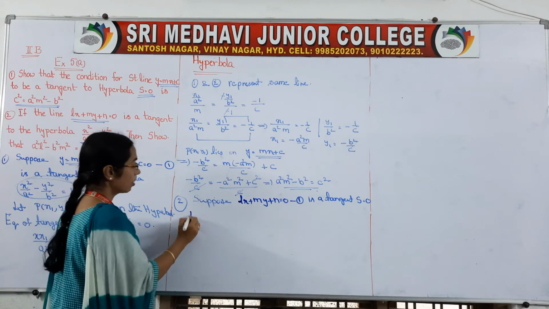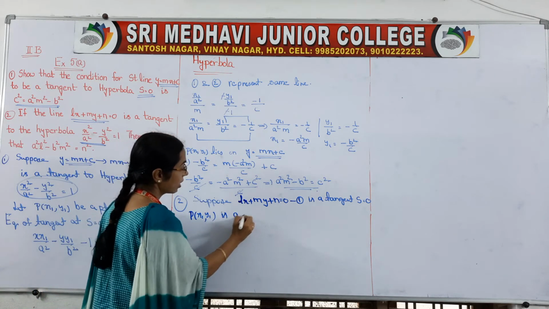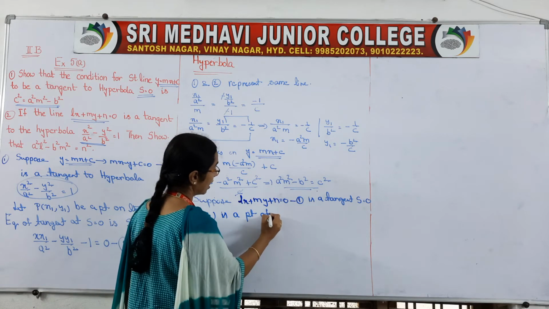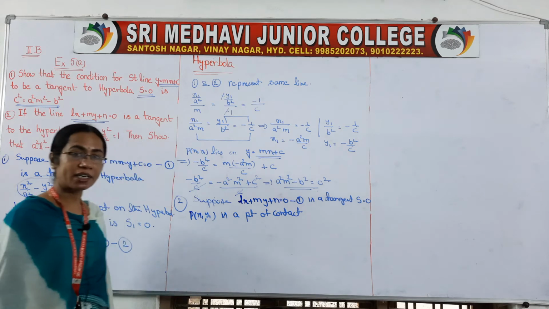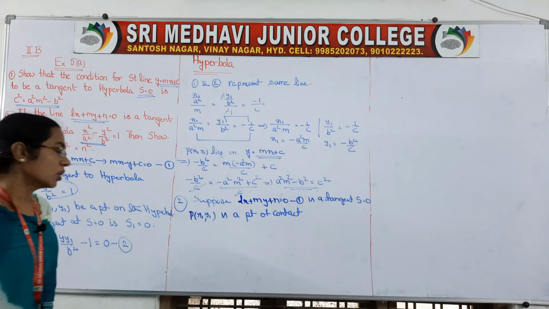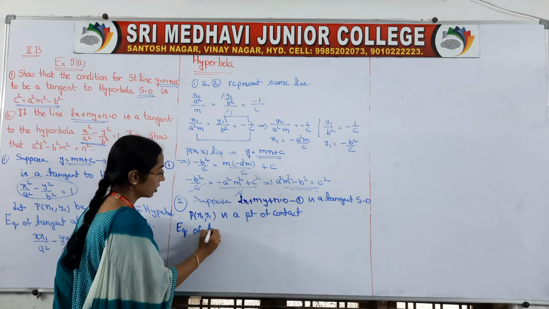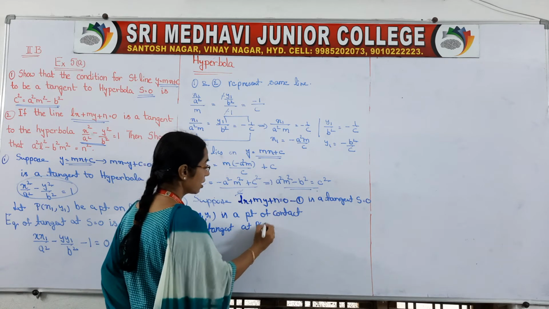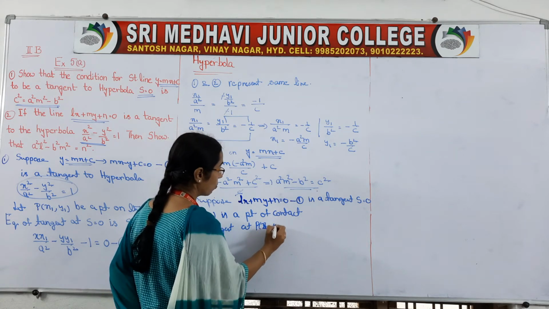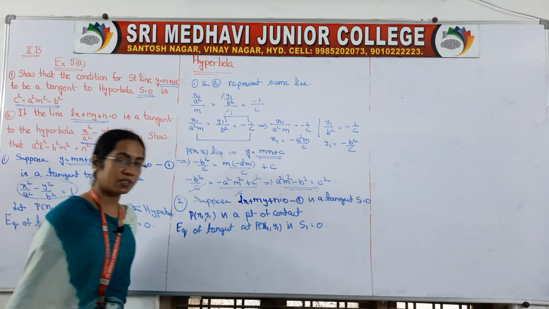So you take P(x1, y1) as the point of contact. So equation of tangent at P(x1, y1) is S1 is equal to 0.